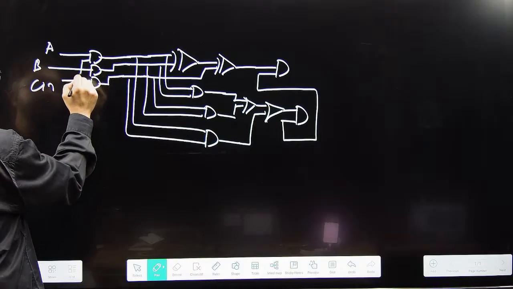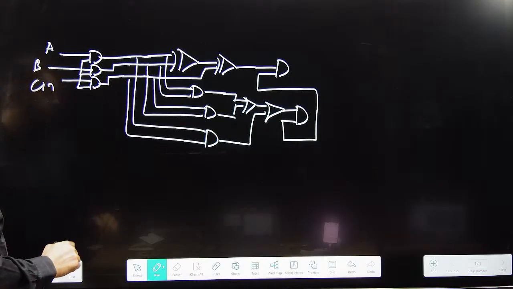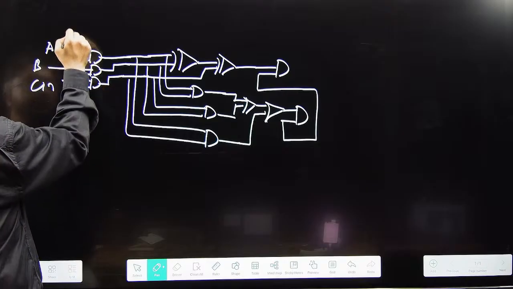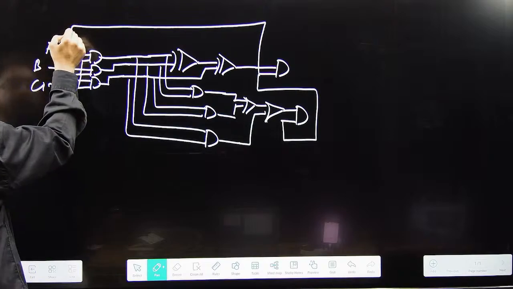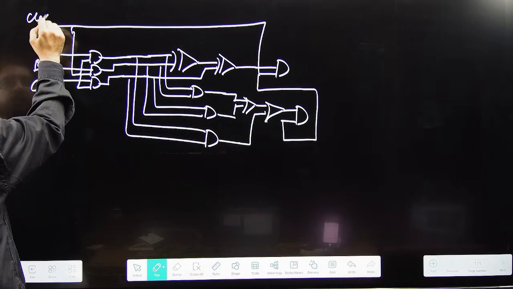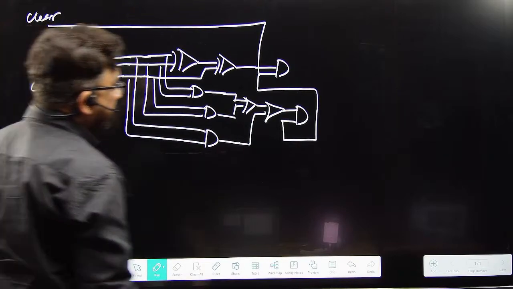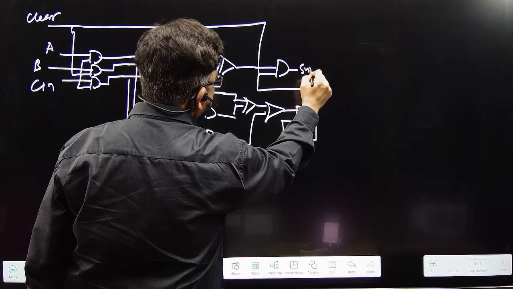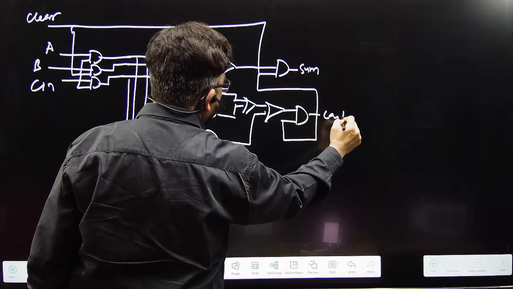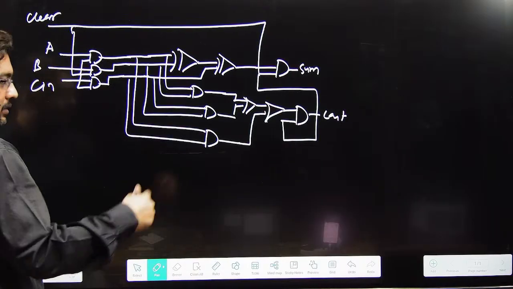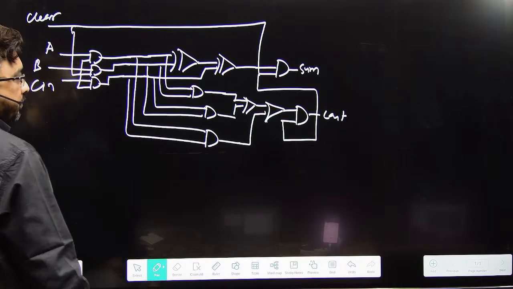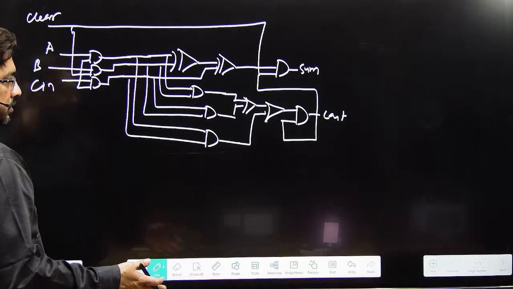Correct. And this one line is connected to C to clear this. Okay. And then this is your final sum, and this is your final C out.